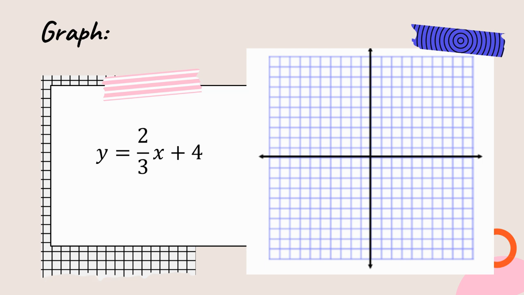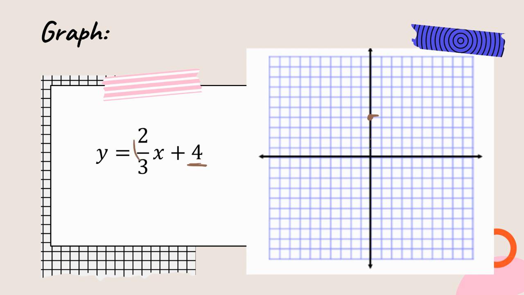So let's start by graphing here. Please note that we're going to start with the y-intercept, and that is the constant, which is 4. So I'm going to make a point, 1, 2, 3, at positive 4 on the y-axis. Then I'm going to follow the slope, which is 2/3.